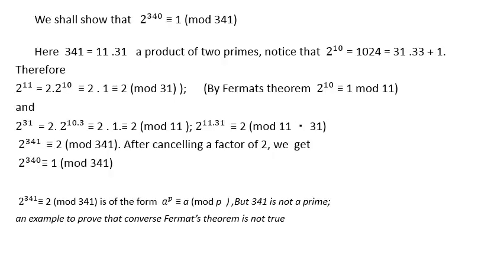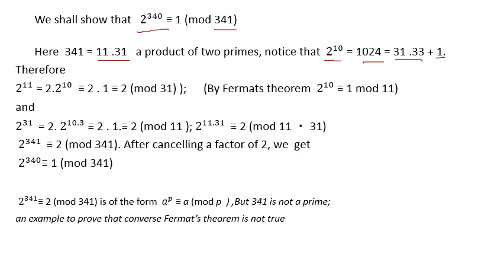We shall see one illustration here. We will show 2^340 is congruent to 1 mod 341. 341 is not a prime number. We note that 341 is the product of two primes, 11 and 31, p and q. So here 2^10 is 1024, which can be written as 31 into 33 plus 1.